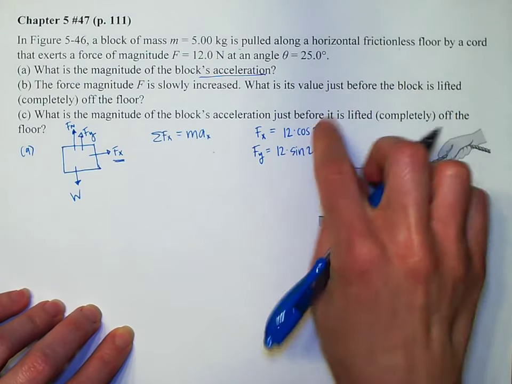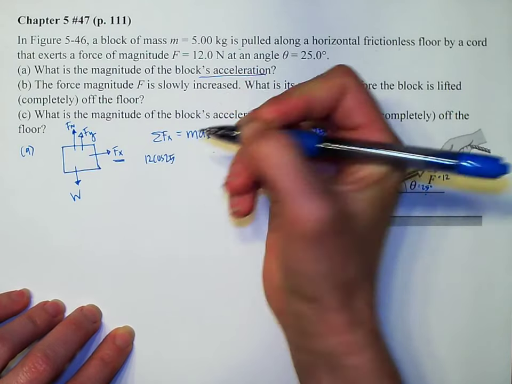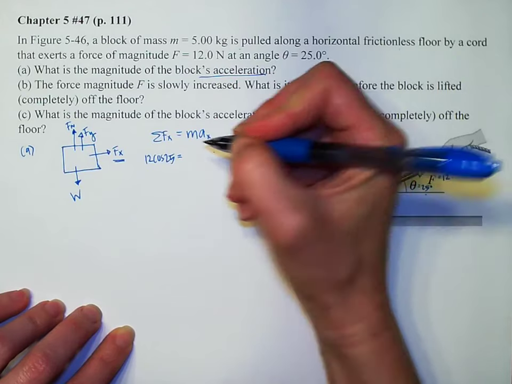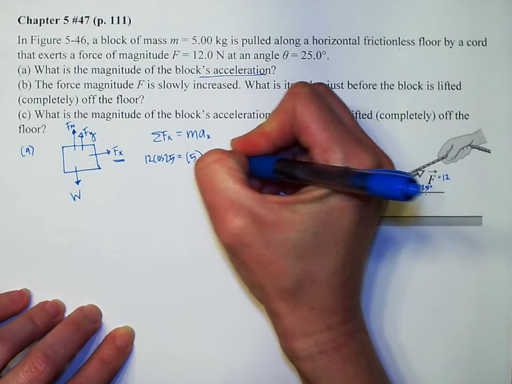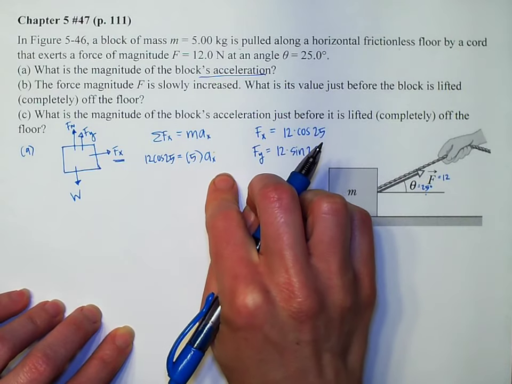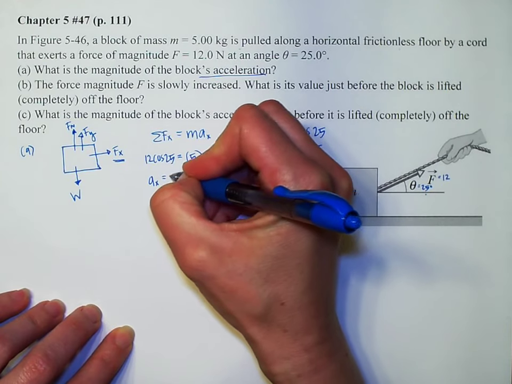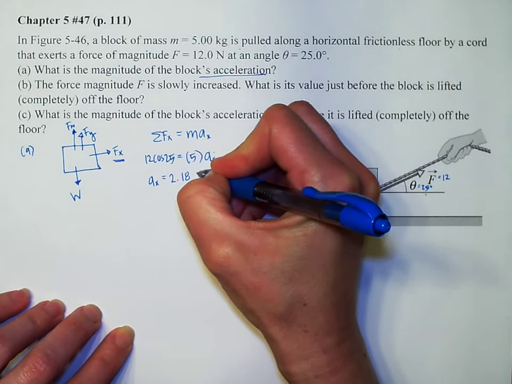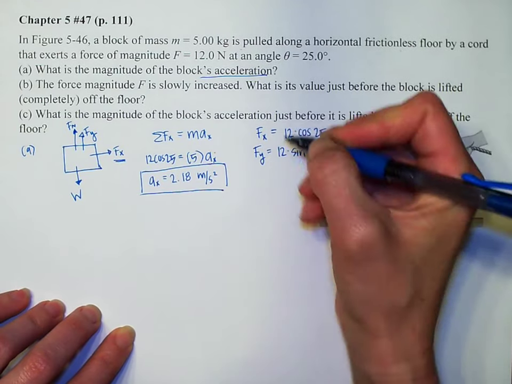And so from here, we can just use our Fx. So I have 12 cosine 25, make sure your calculator is, of course, in degrees, equals mass 5 times acceleration. And so we have everything we need to know. I can use my calculator and solve for my acceleration, which will be 2.18 meters per second squared. And we are done with part A.